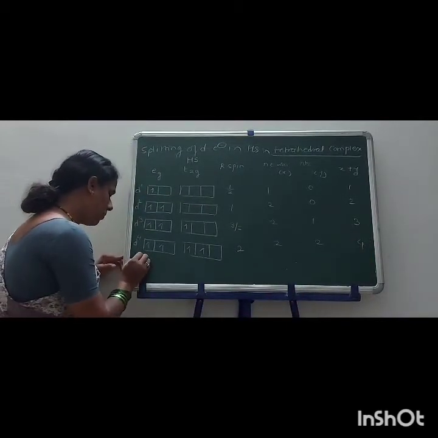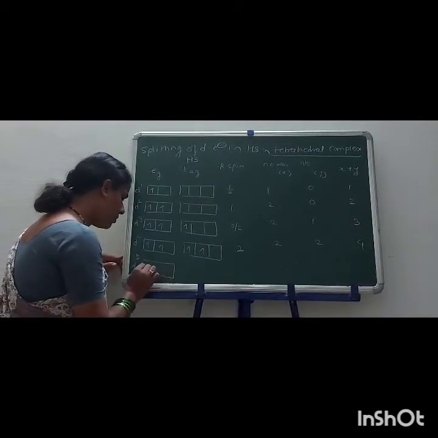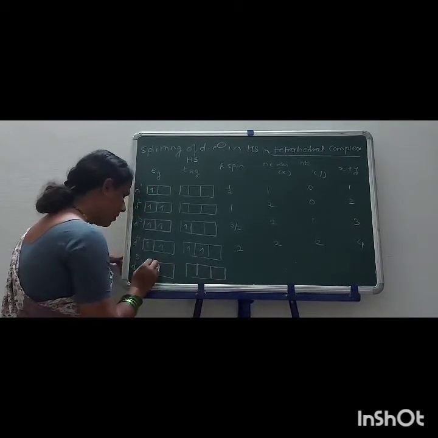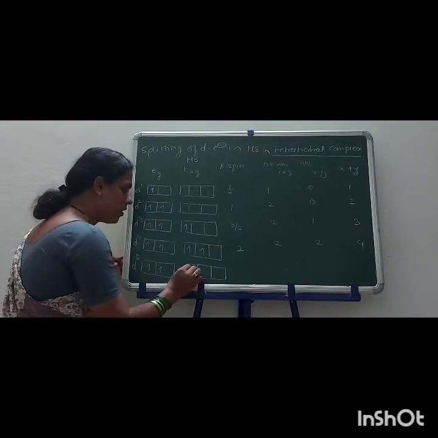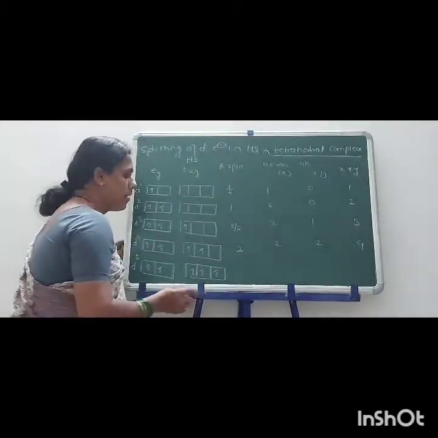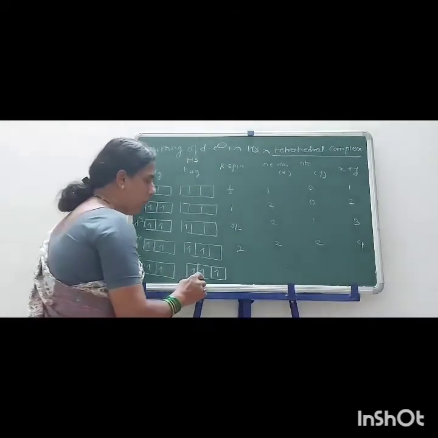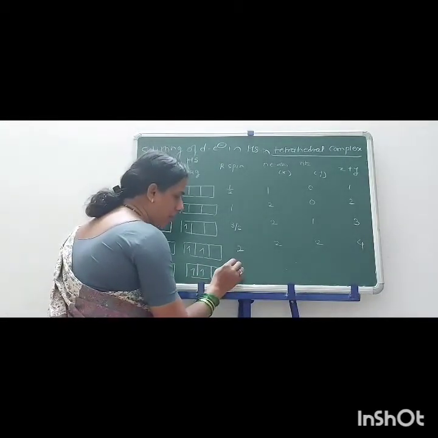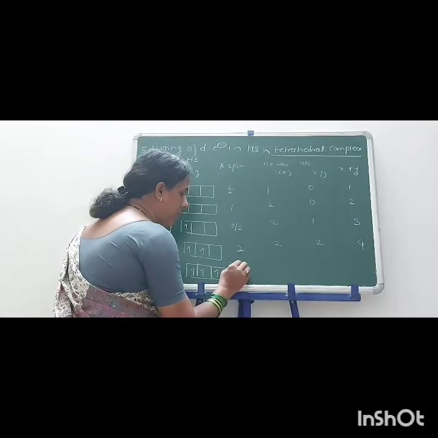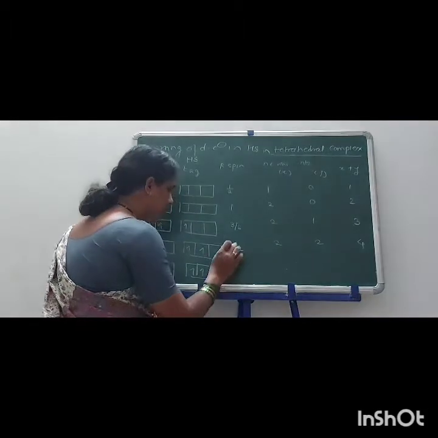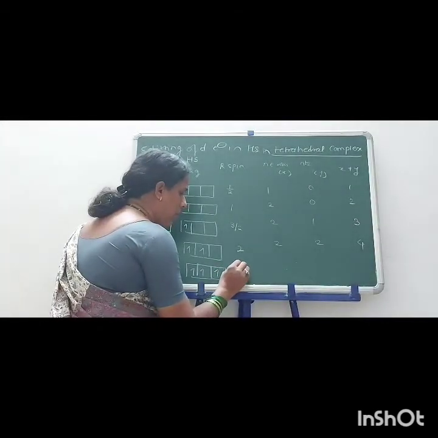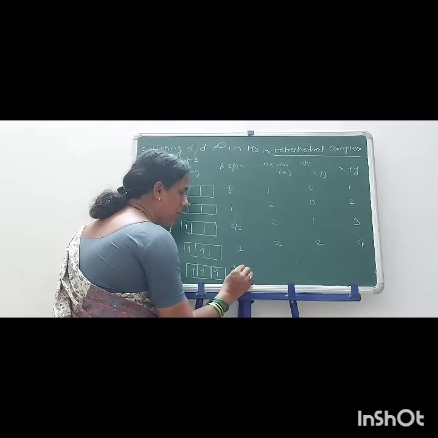For D5, how many electrons according to Hund's rule of maximum multiplicity here? 1, 2, 3, 4 and 5. What is the resultant spin? It is 1 by 2 into 5, that is equal to what?